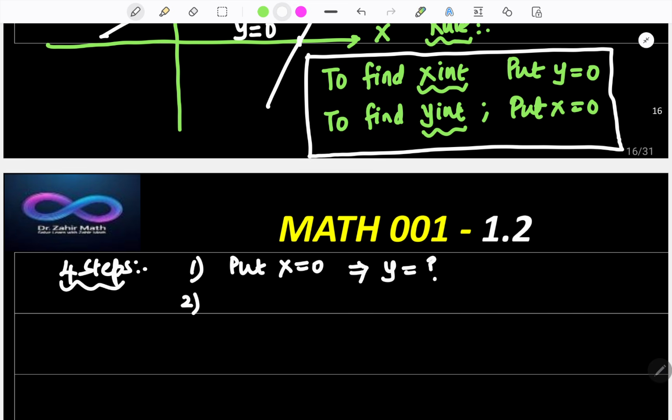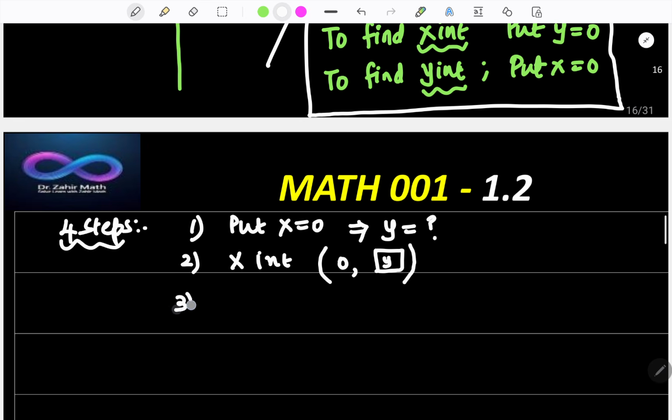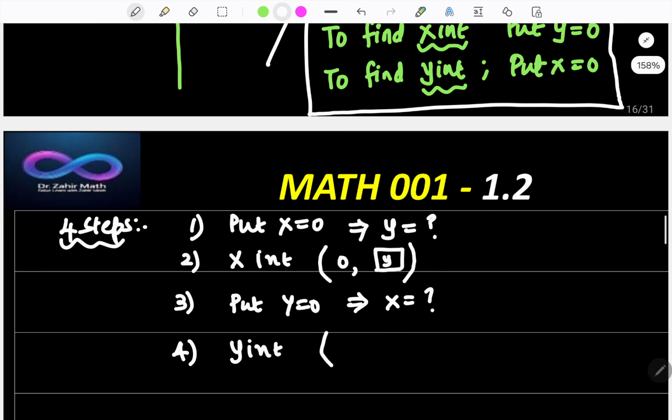Step number 2 is you have to write the x-intercept answer, which is x is equal to 0 and your y answer. Step number 3 is put y is equal to 0. You will get x. The fourth step is the y-intercept.